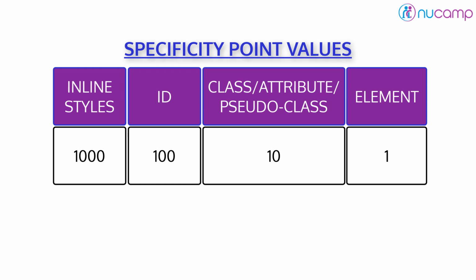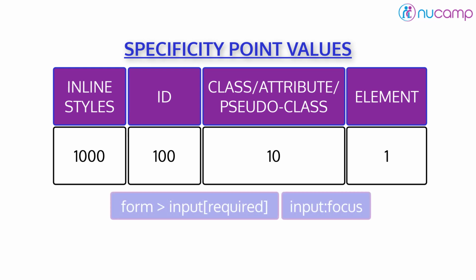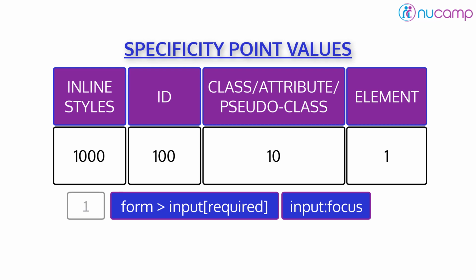Let's put this knowledge to use. Take a look at these two selectors. Which one do you think has higher specificity? Let's count the first one. Form is an element selector, so that's 1 point. Input is another element selector, so that's 2 points. And finally, required is an attribute selector, so that's 10 points, for a total of 12.